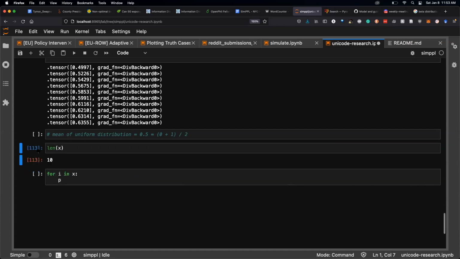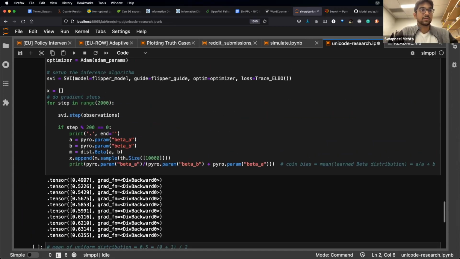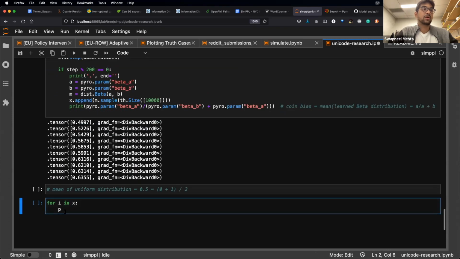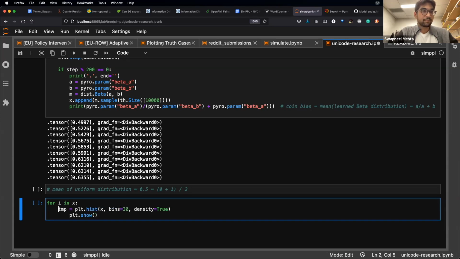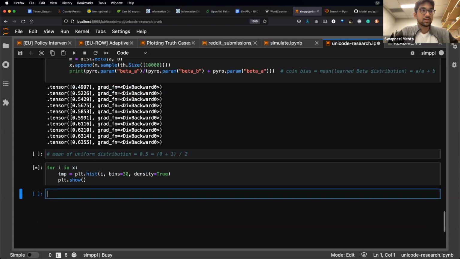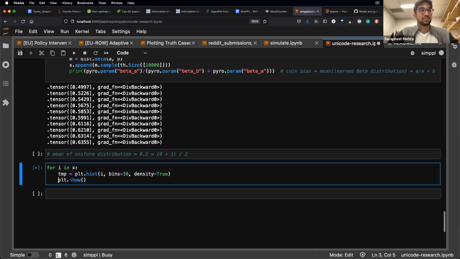Yeah, and so there are 10, we are printing it 10 times, right? So do I want, fuck it, let's do it. Will this work? I was afraid of this. This could potentially be kernel crashing. Although it's just 10 histograms, right? plt.show should show me 10 histograms one after the other.